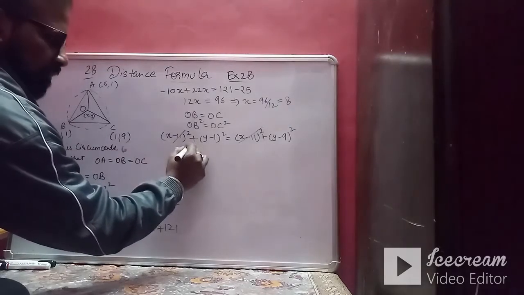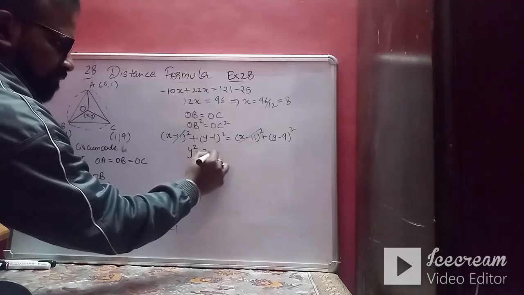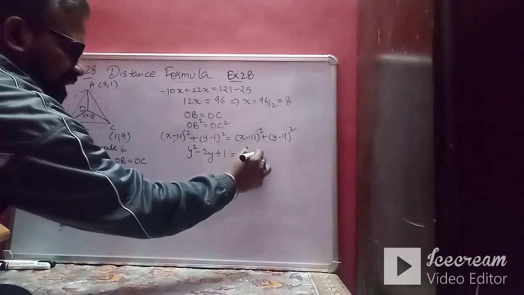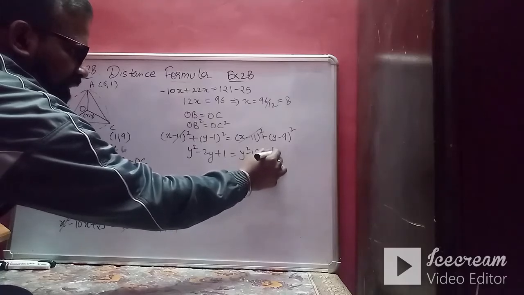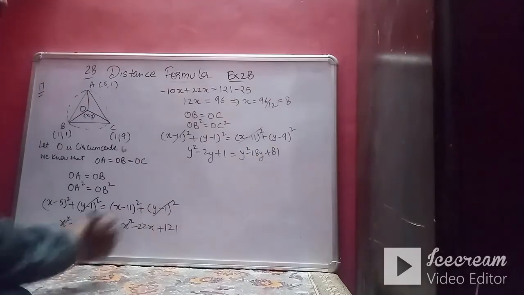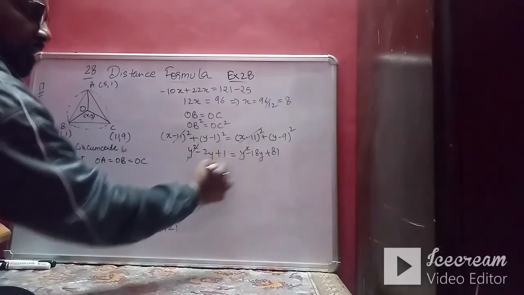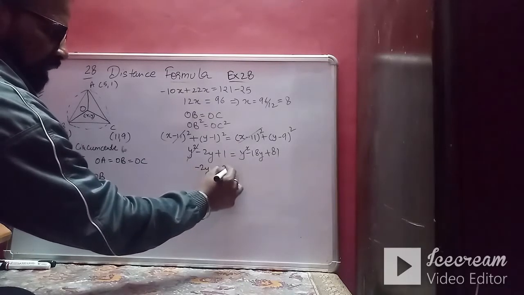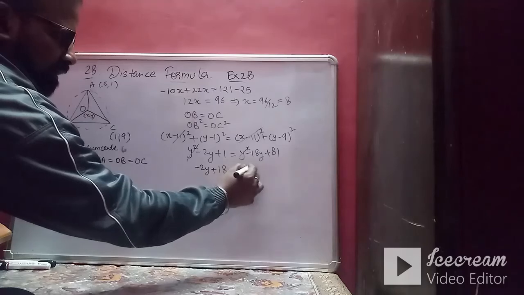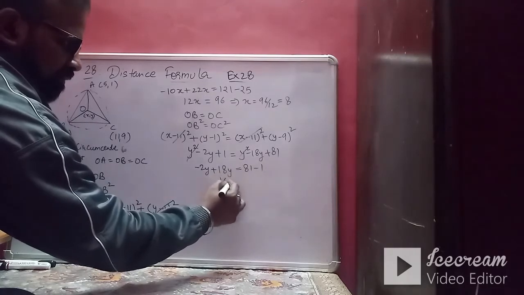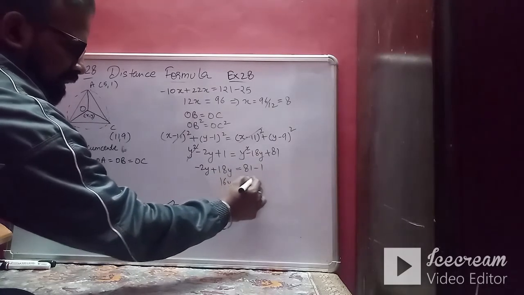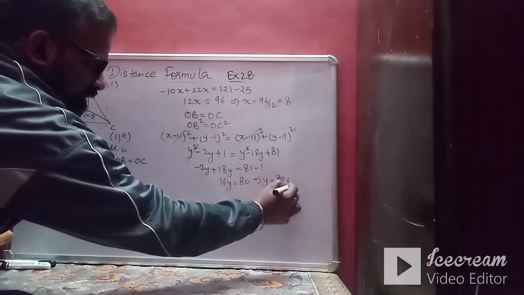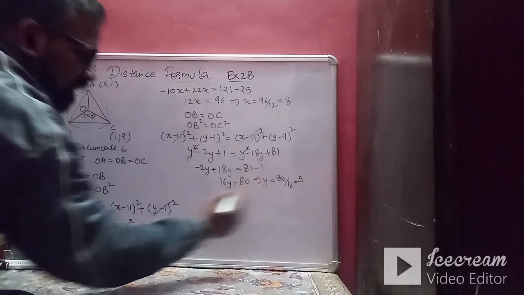So we are left with y square minus 2y plus 1 equals y square minus 18y plus 81. So this cancels, minus 2y plus 18y equals 81 minus 1, 80. So what is y? 80 by 16, that is 5.